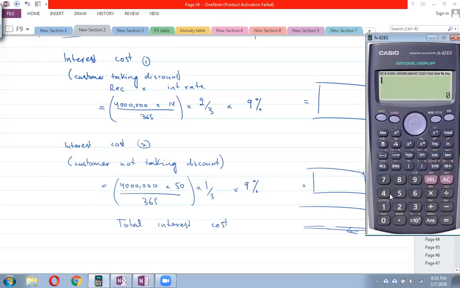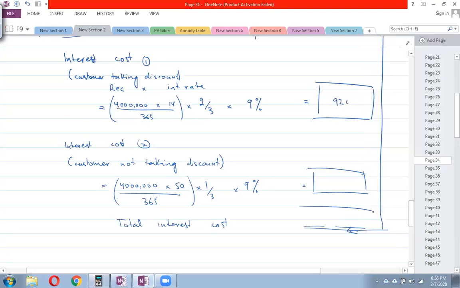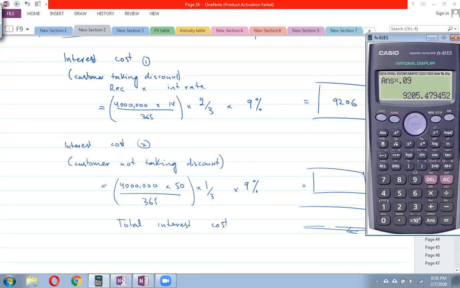Interest rate is 9%. There's 4 million multiplied by 14 divided by 365 multiplied by 2/3 multiplied by 9%. The interest cost will be 9,206. And the second one will be 4 million multiplied by 50 divided by 365 multiplied by 1/3 multiplied by 9%.